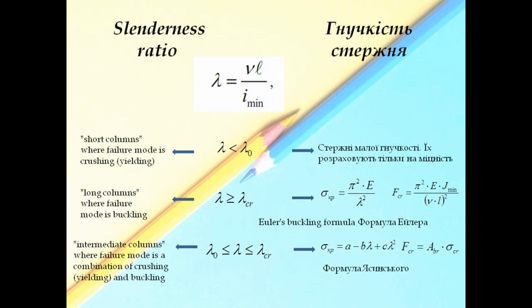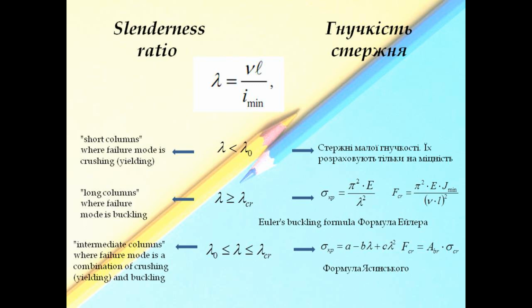If the slenderness ratio is lesser than its critical counterpart, we classify the column as a short column. The short columns are more prone to fail due to compression and without much buckling. Suppose the slenderness ratio is larger than the critical slenderness ratio.